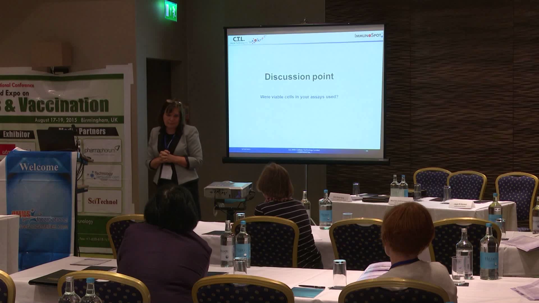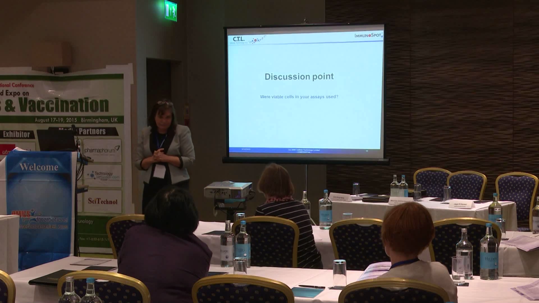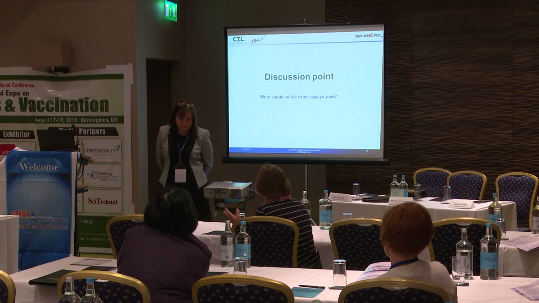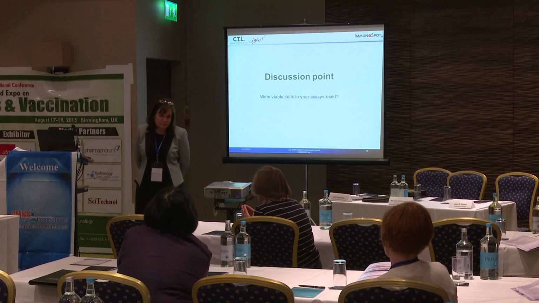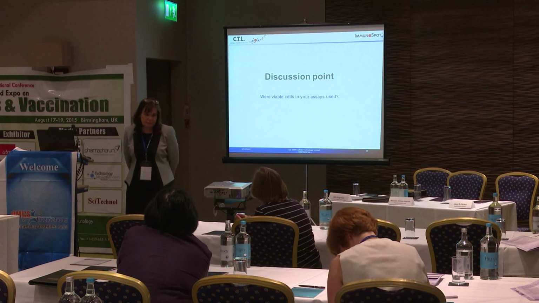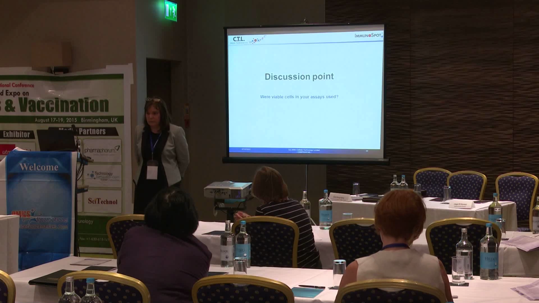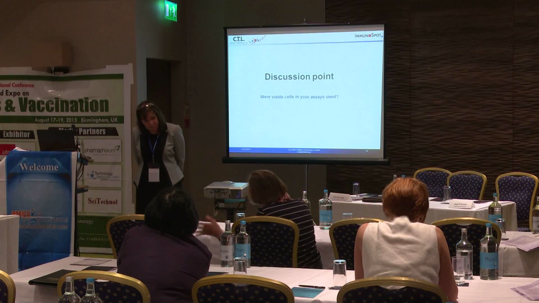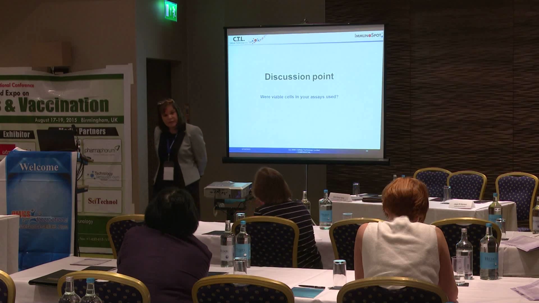You cannot take unlimited blood from people, so the amount of blood to take is in some way limited. So I think it's very important to know exactly what we want to see, what is important to see, and try to collect the minimum samples, separately for antibodies and T cells. I think it's very important.